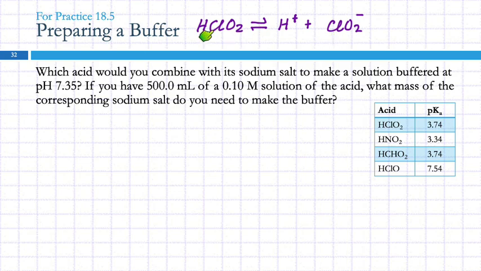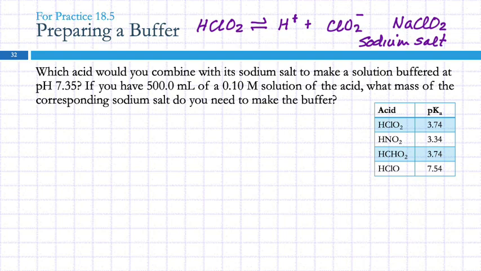So the sodium salt of this acid, we're replacing the hydrogen with sodium. So the sodium salt would be NaClO2. We really don't care what the sodium is. It has to be something, right?